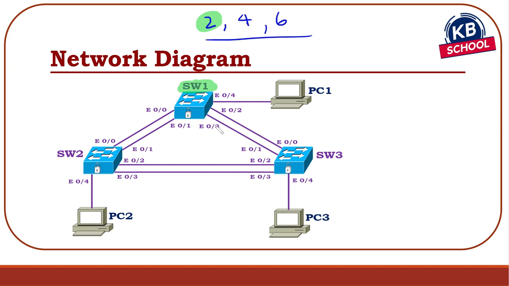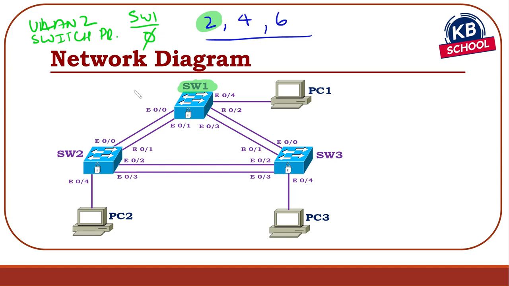So when I have multiple instances of STP, I have the ability to pick the root switch, change the switch priority per VLAN. So I can basically say for VLAN 2, the switch priority for switch 1 is 0. That's the best.